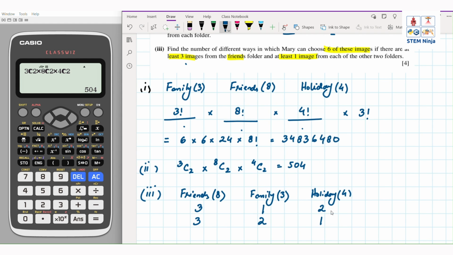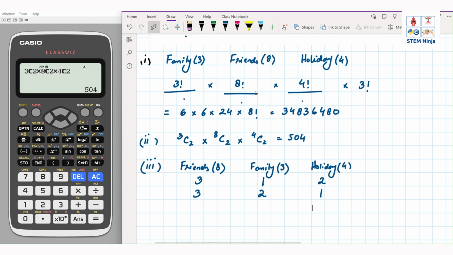Similarly, since we can have more, 1 from each and 4 from friends. And I think that concludes it. There's no more possibilities, right? Yeah, okay, all right.